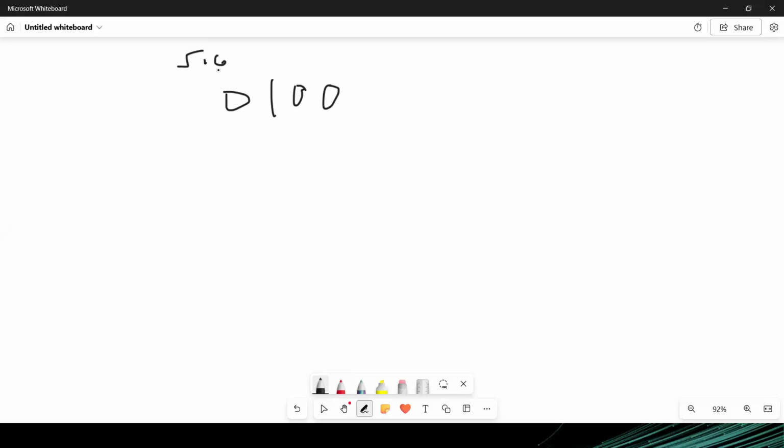We are working with signed integer, not unsigned. The most significant bit, MSB, is used to represent the sign. And since this bit is 0, that means it is a positive number.